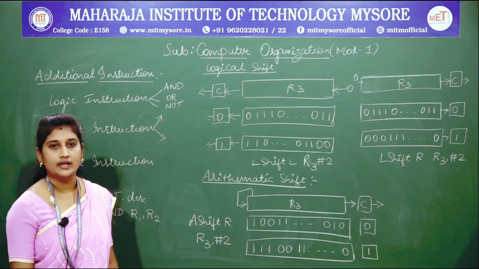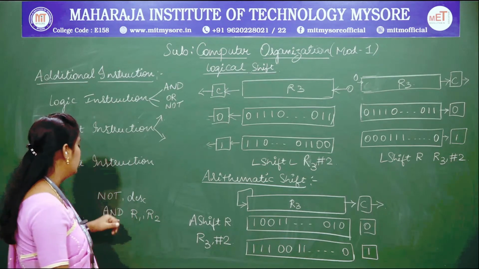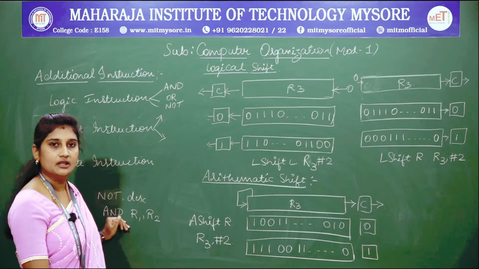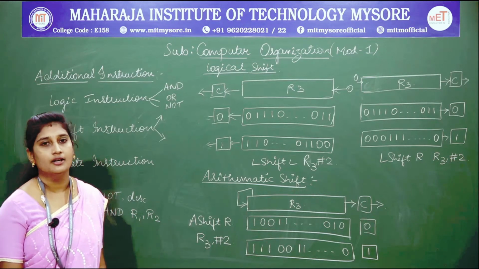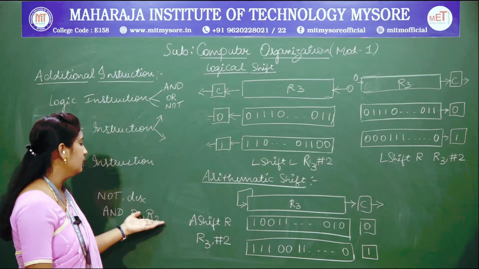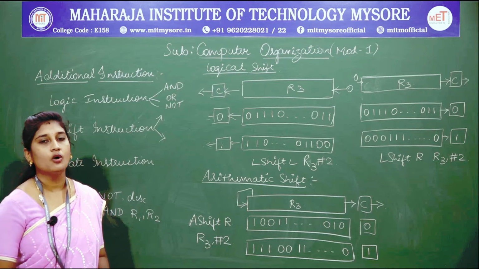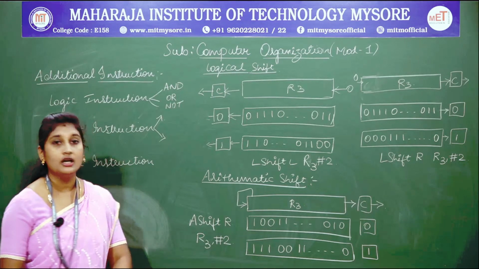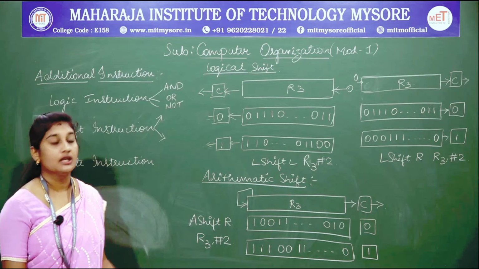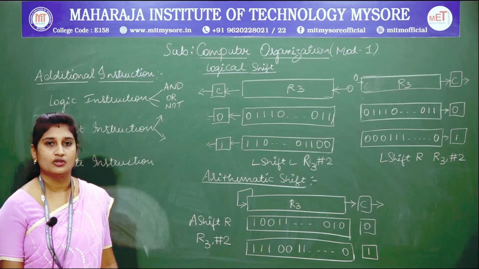It is understood that the machine instruction specified here is going to perform the logical operation AND on the registers R1 and R2. And again the result will be stored in your destination register R2. This is how your machine instruction is also capable of performing the logical operations. So that is one of the additional instructions your machine language possesses.